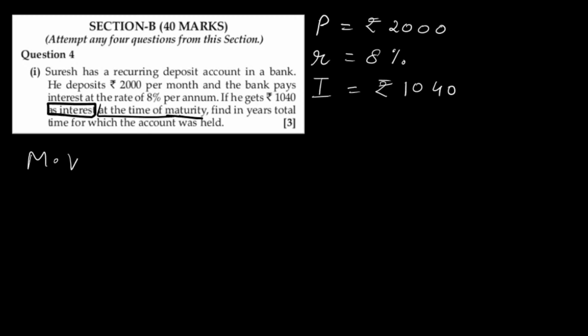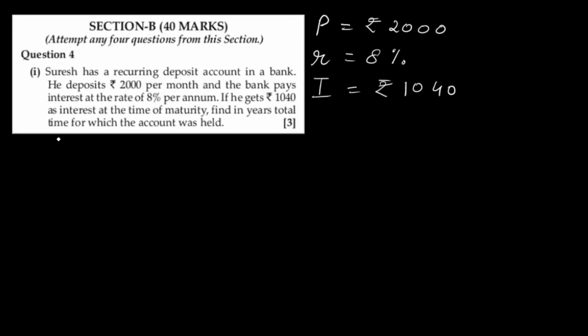Because of this sentence I have seen confusion while doing this question. So interest is given to us, not maturity value. Okay, so these three things are given to us.